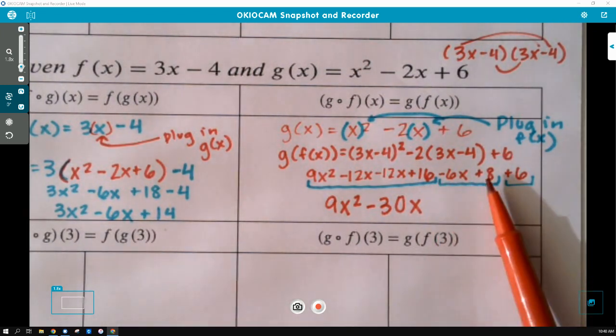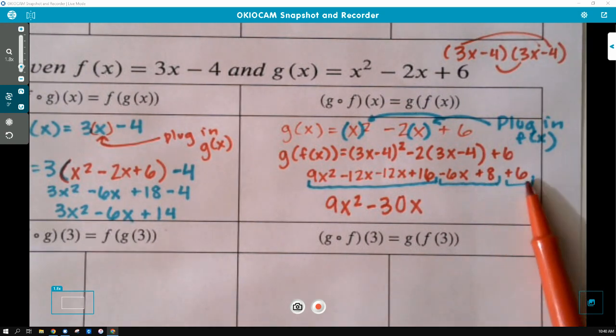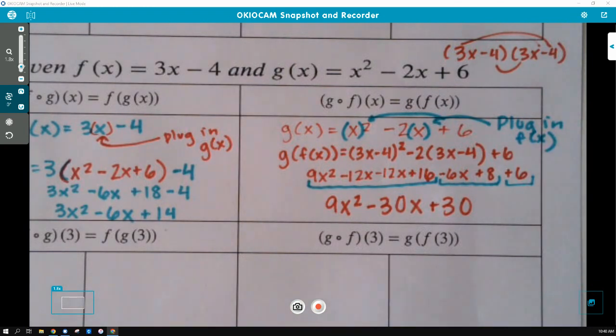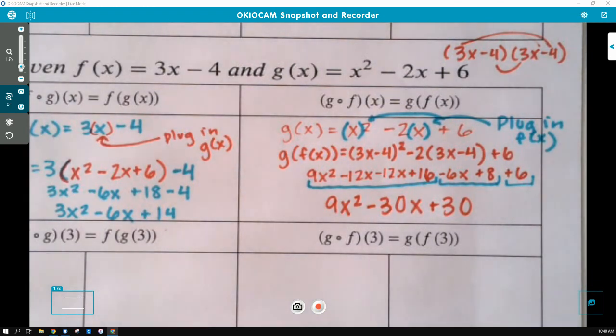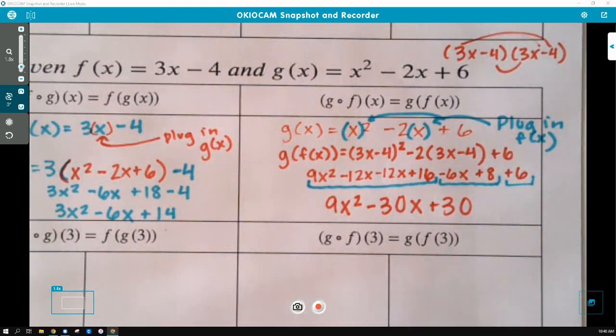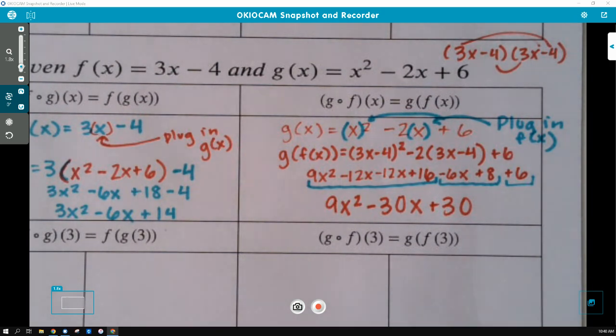And then you've got 16 plus 8 is 24, plus another 6 is 30. Any questions about that one?